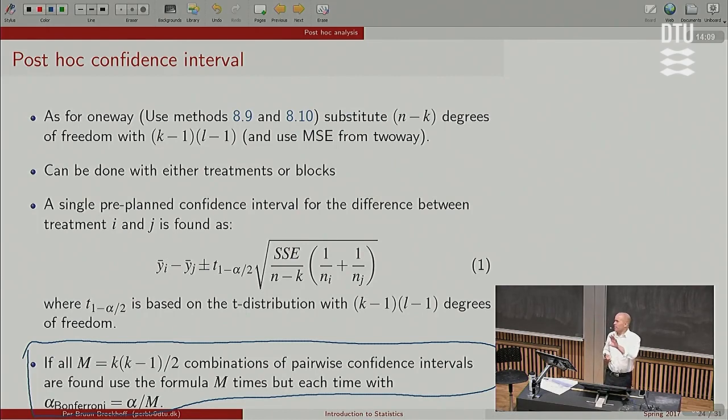We should protect ourselves for this selection that we do, and just looking at 100 p-values. Of course, some of them will be small, right? 100 p-values, there will be 5 below 5% if nothing is going on, and we shouldn't get carried away about seeing 5 below 5%. We should be more strict on how we would evaluate and quantify uncertainty in such a case. There are many ways to do this multiplicity correction, as some would call it.